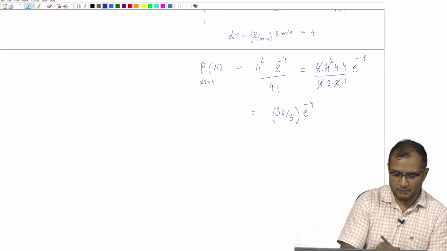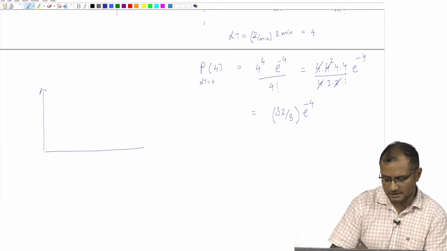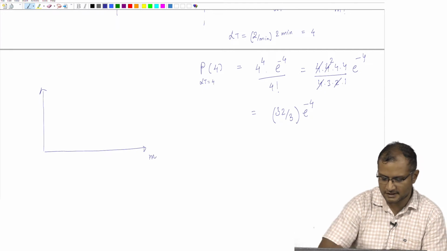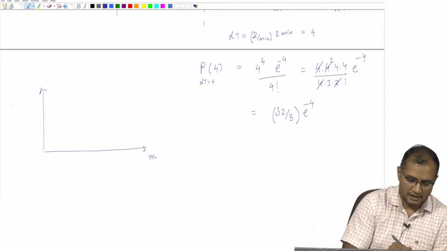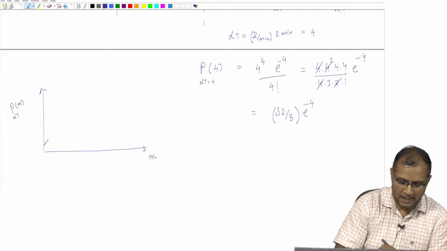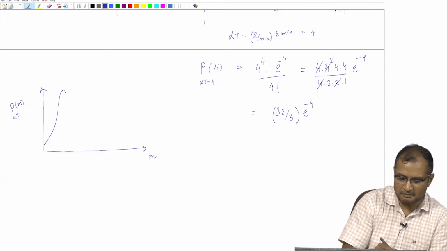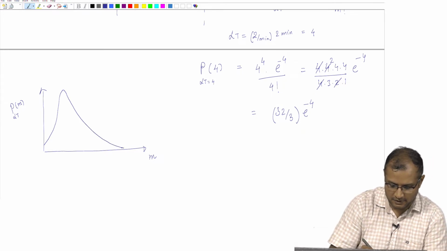And this should not surprise you, because you already know the graph of the Poisson statistics, which says that if I am asking what is the probability of seeing m events in a time interval where the mean number of events is alpha t, this should have a maximum near the mean and it should then go to 0 asymptotically.